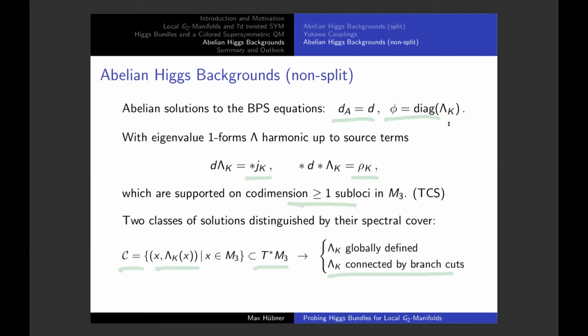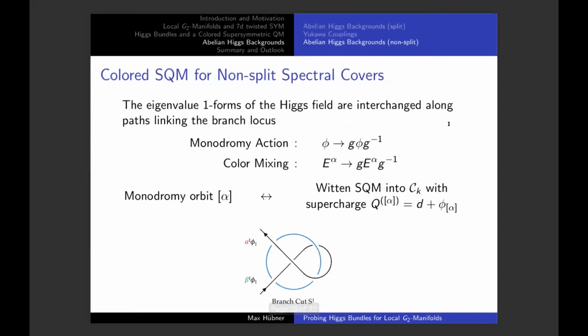So what does the particle see when probing such a Higgs field configuration? First of all, the local analysis in terms of the perturbative ground states and the instantons remains unchanged because these are inherently local. But there are now new global effects due to the monodromy locus, such as color mixing. Whenever one encircles a monodromy locus, the eigenvalues of the Higgs field are interchanged according to the monodromy action.